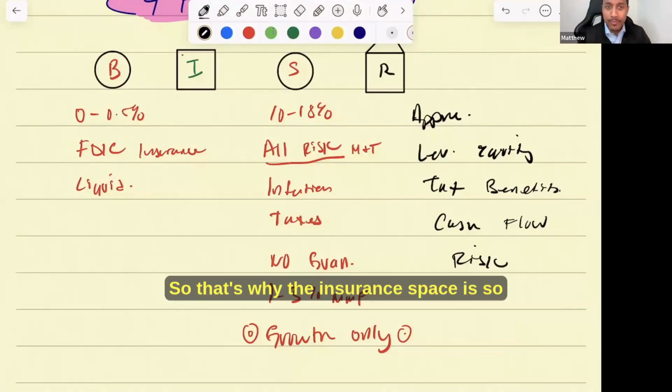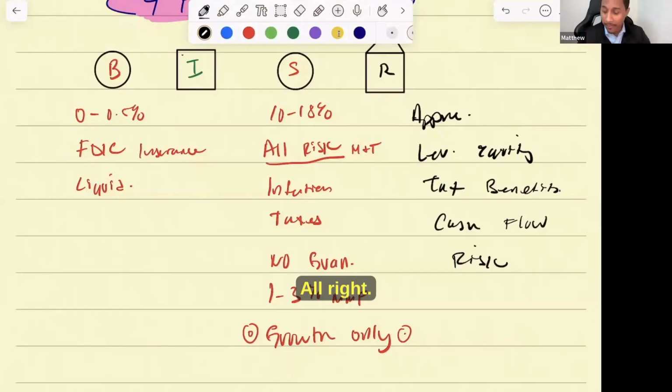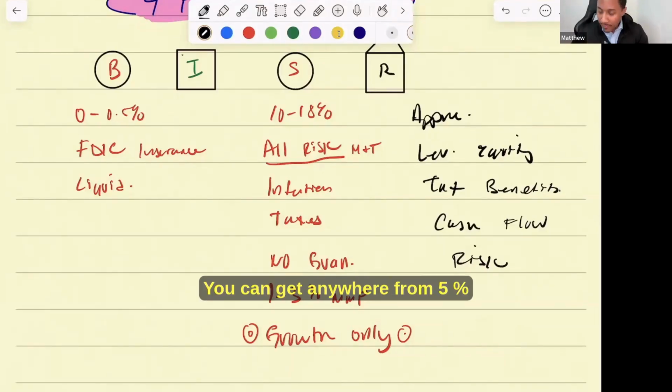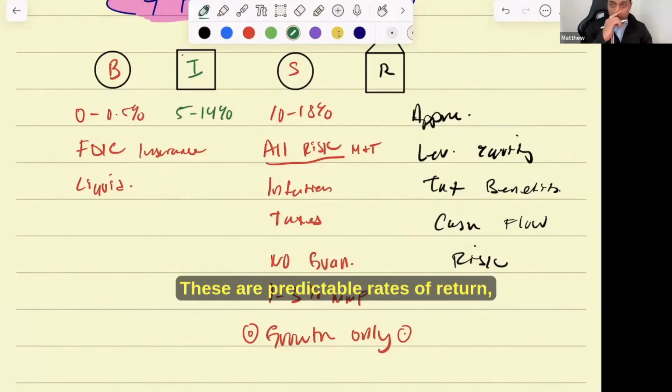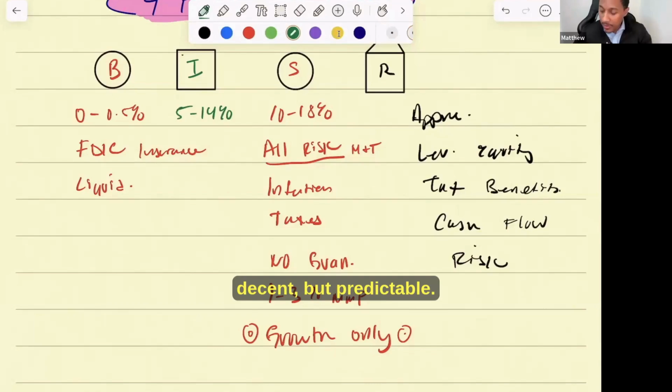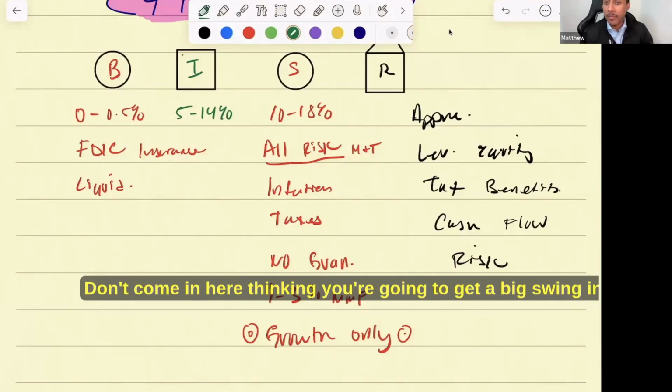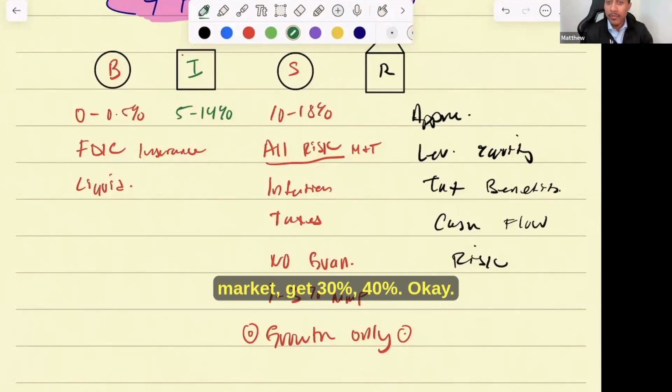So that's why the insurance space is so vitally important to have a portion of assets tucked inside here. You can get anywhere from 5 to 14%. These are predictable rates of return, decent but predictable. Don't come in here thinking you're going to get a big swing in the market, 30, 40%.